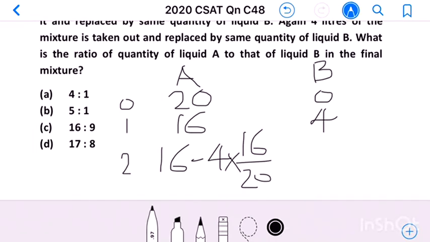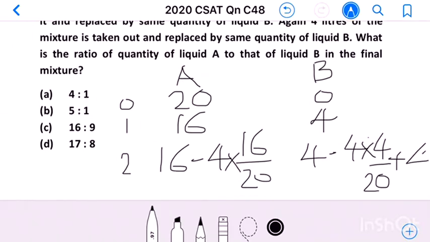This much quantity of liquid A will reduce. Here, 4 minus 4 into 4 by 20, this much of liquid B will reduce, and 4 liters of liquid B is added to it.